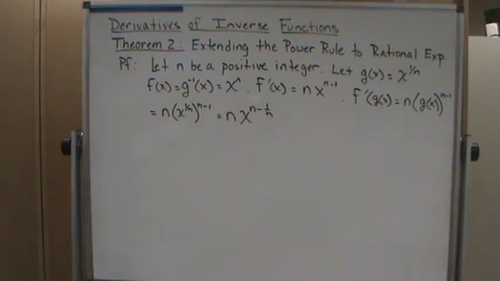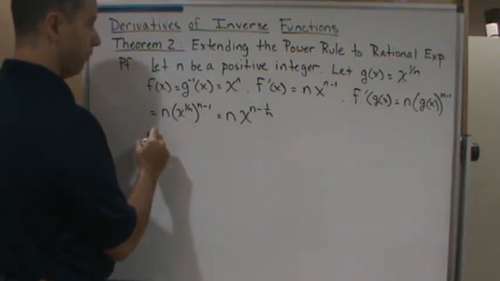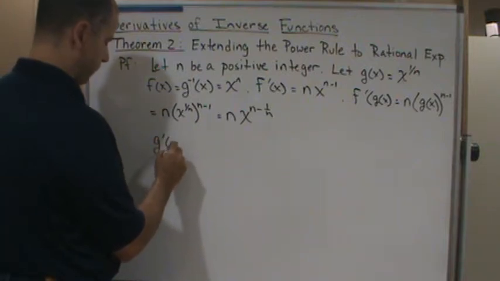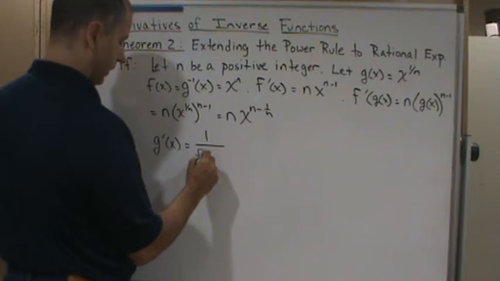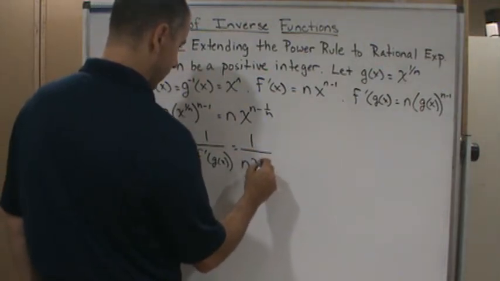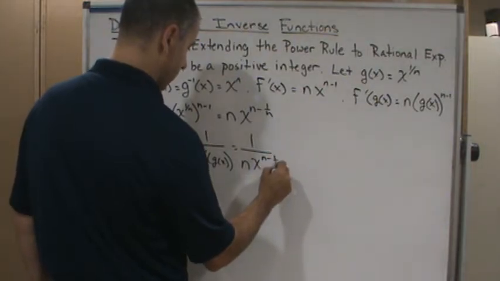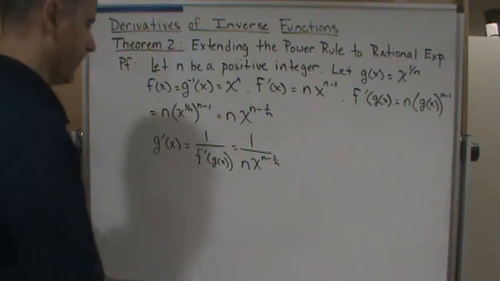So now that we found this, we've got to use the fact that g prime of x is equal to 1 over f prime of g of x, which is going to be 1 over n x to the n minus 1 over n.